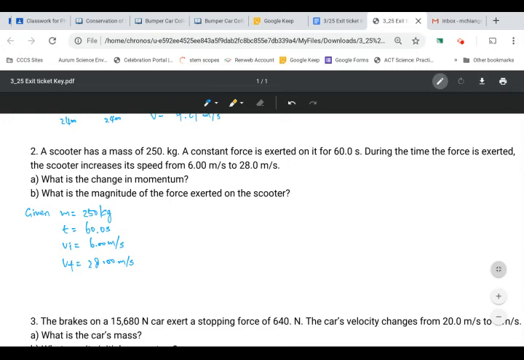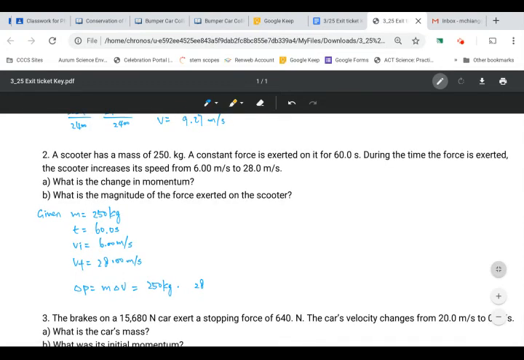Okay. Change in momentum is mass times change in velocity. So it's equal to 50 kilograms times, that's a parenthesis, 28 minus 6 meters per second. And you do the calculation.